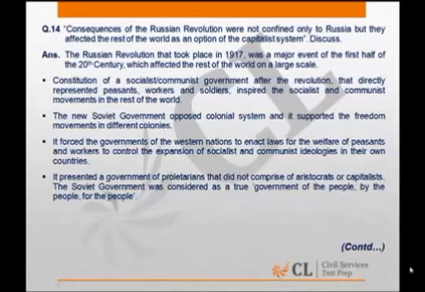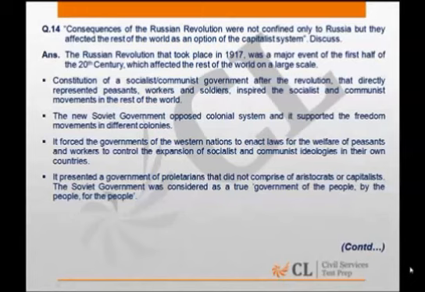The result of this system was that the Soviet government opposed the colonial system, and it supported the different freedom movements in different colonies of the world, which in turn were opposed by the developed countries of Western Europe who were ruling those colonies.